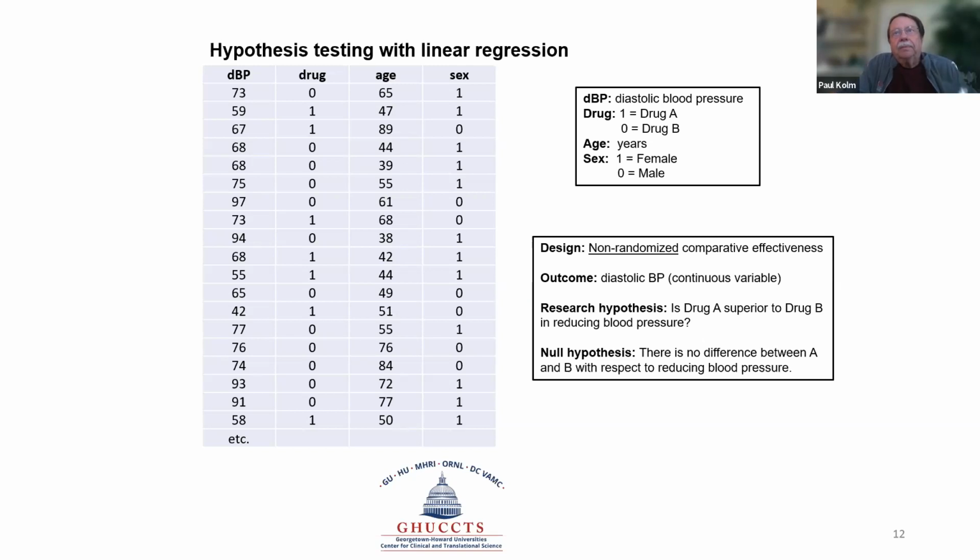And because this is a non-randomized study, we might need to include some covariates, because the result of the drug might vary with age or with sex. But the research hypothesis and the null hypothesis are just as we would have in typical hypothesis testing, that there's no difference between drug A and drug B as far as lowering blood pressure.